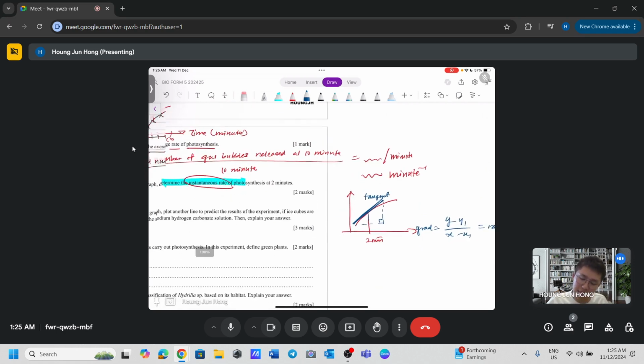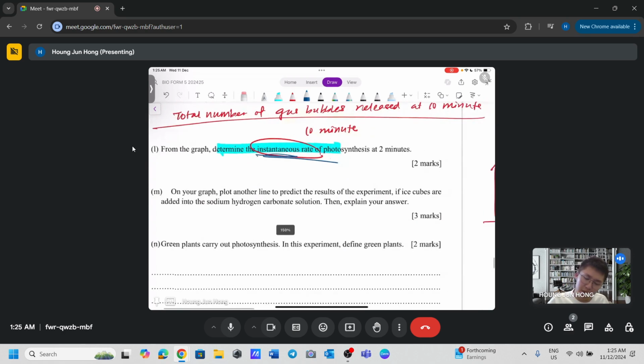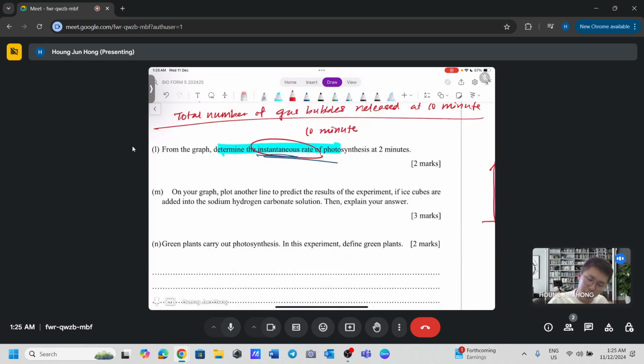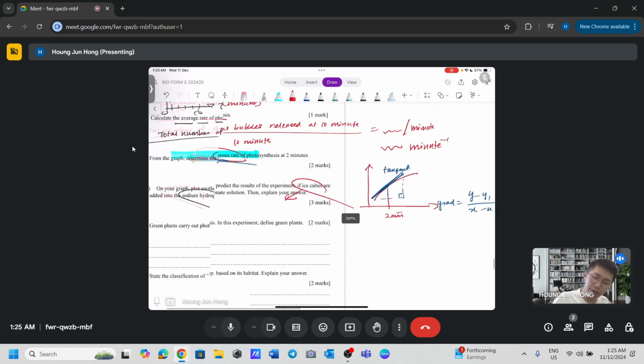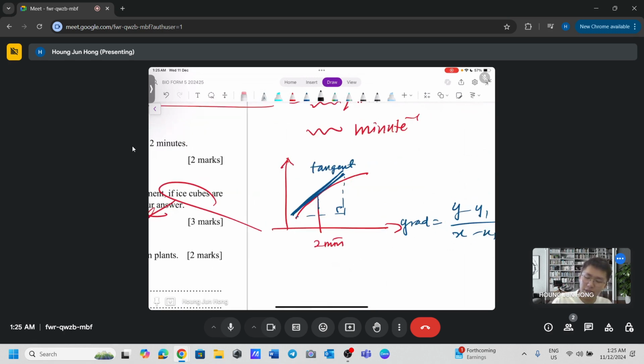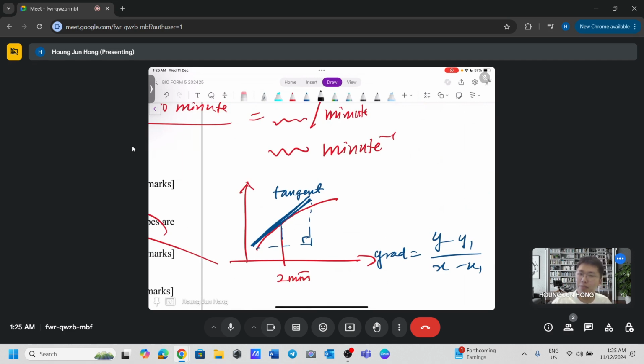Next: on your graph, plot another line to predict the result if the ice cubes are added. This means it becomes cold now. So what happens when it becomes cold? Remember, photosynthesis is all about enzymes. If the enzyme becomes cold, it is no longer active. So if this is your graph, after the ice cubes make it cold, the rate should decrease.